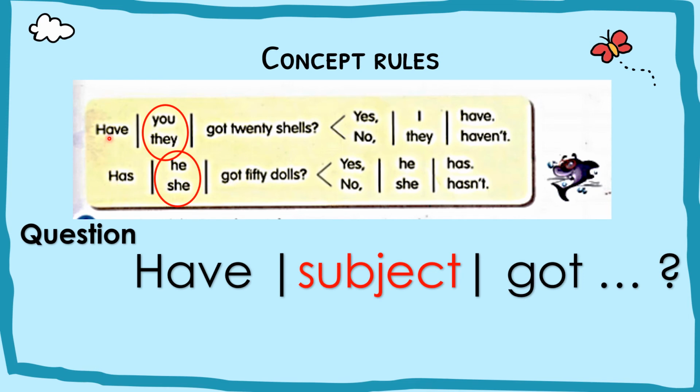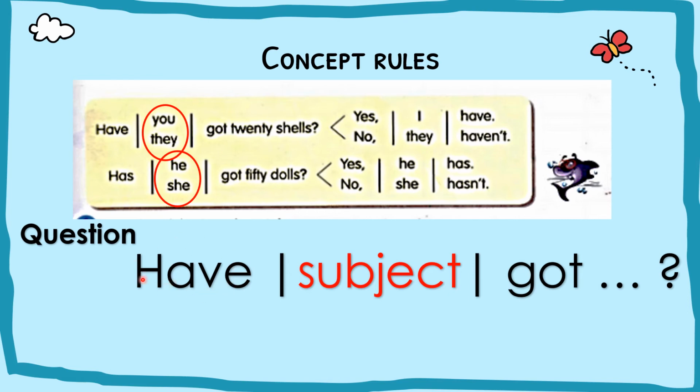If you use a plural subject, make sure you use have. Have Greg and Anna got. You have to make sure the subject in the middle is coherent with the have got you use in front.